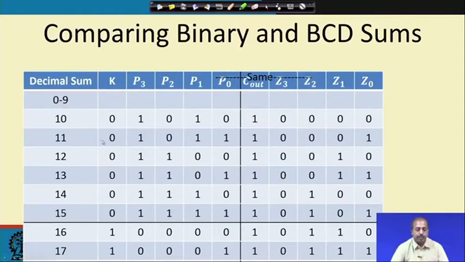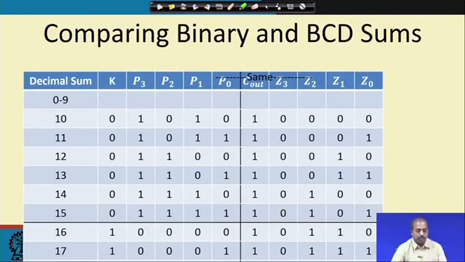Similarly, if the decimal sum is 11, then C out will be equal to 1 and Z0 will be equal to 1, and the rest remain 0. 12 will be like that. Basically, the C out bit will be set to 1 whenever the sum is greater than 9 in BCD addition.